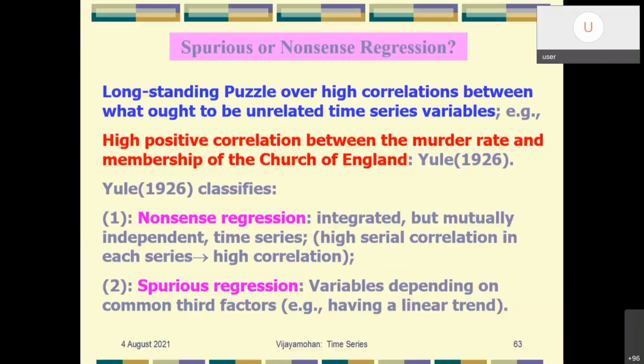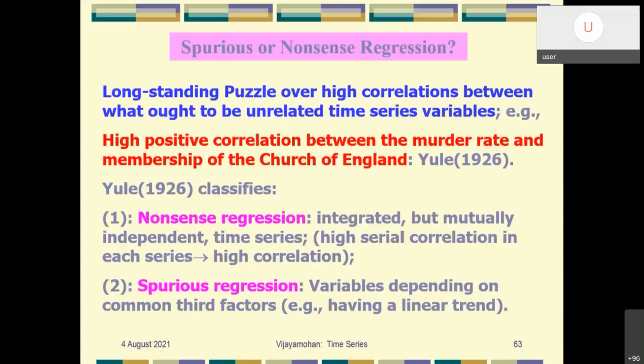Got the idea? Spurious regression happens when all the variables depend on a third factor, that is, some other factor, for example a linear trend. In the case of the above one, the high positive correlation between the moderate and the membership of the Church of England, in both cases we have a linear positive trend.